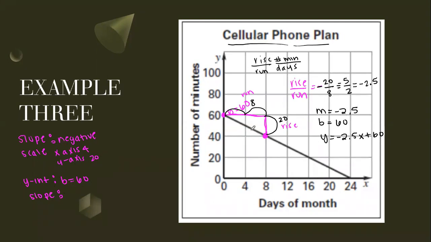So that means I used 2.5 minutes per day. That means I only talked on the phone for 2.5 minutes per day. That's the most. I don't even think that's realistic. So my y per x.